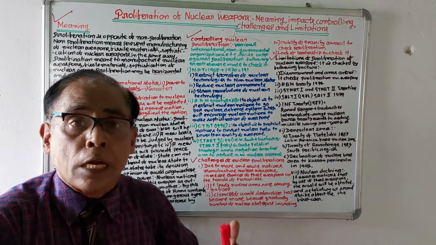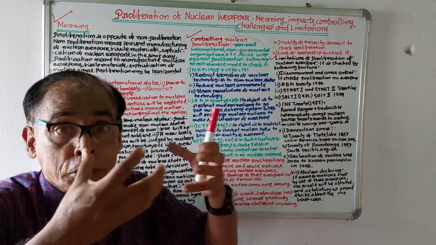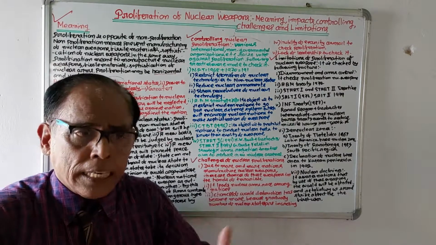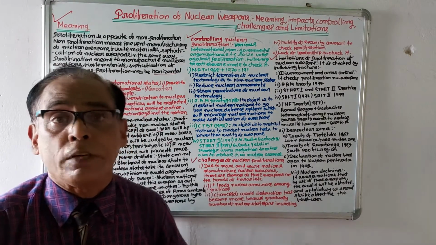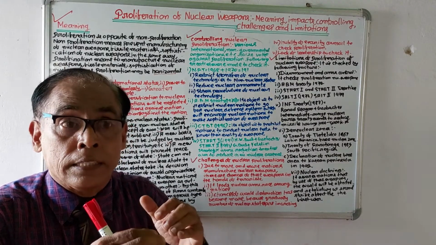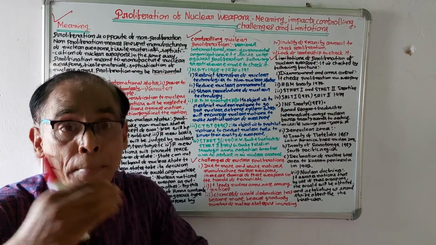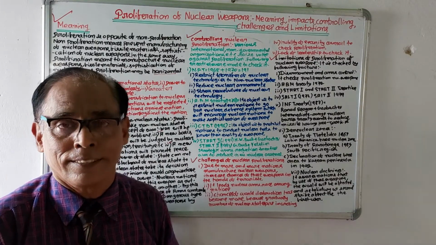Day by day nations are manufacturing nuclear weapons. So what are the new challenges? The first challenge is that more and more nations are manufacturing nuclear weapons, so there is a danger that these weapons may go into the hands of terrorists.